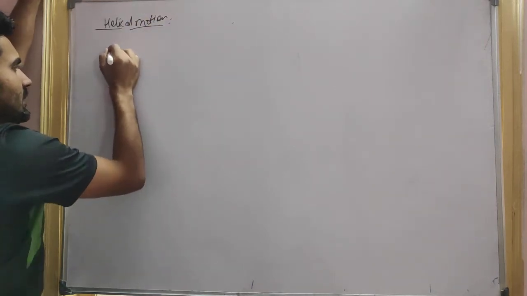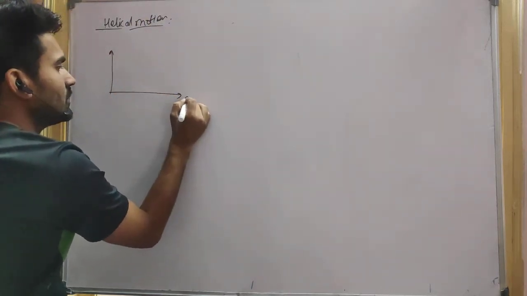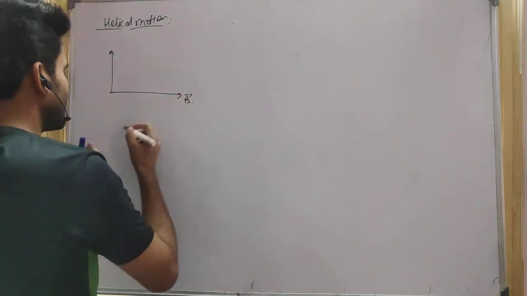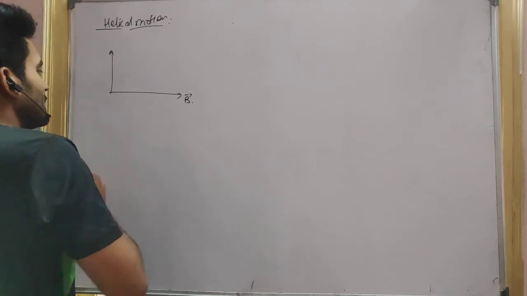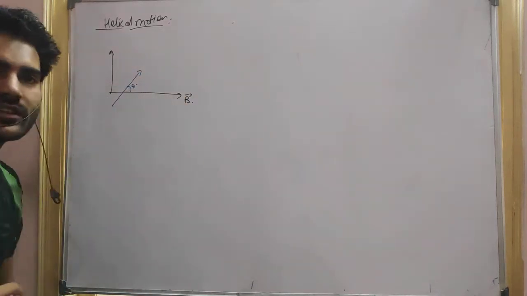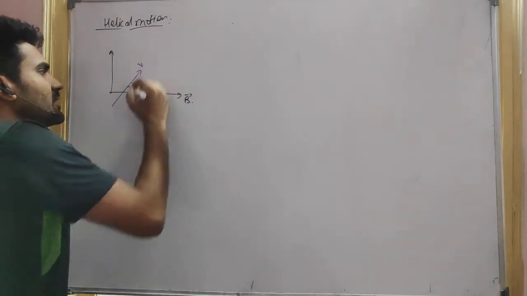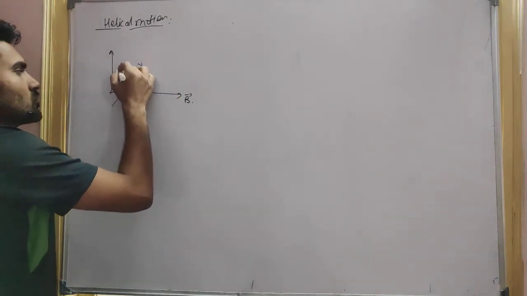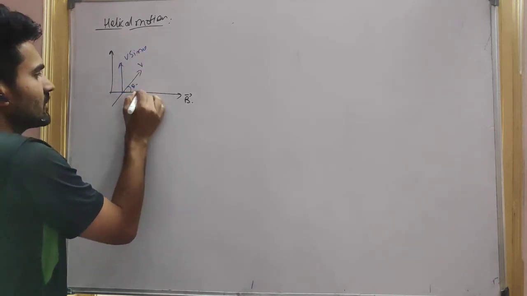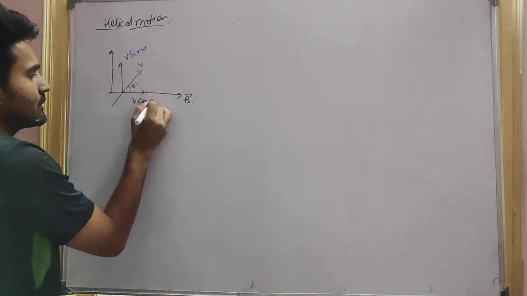If the magnetic field B is in this direction and the velocity is in this direction, making an angle theta with the magnetic field, then obviously there will be two components of the velocity: V sine theta and V cos theta, right?